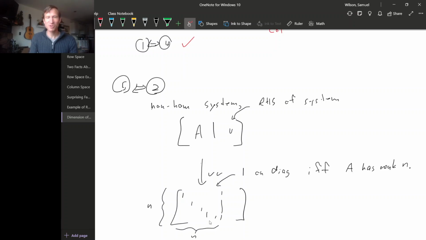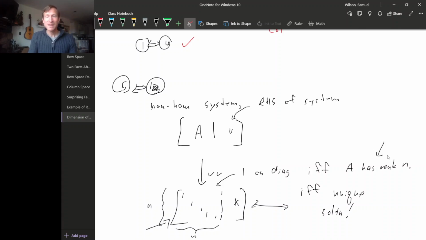Since there are the same number of rows and columns, the only way to have rank n is to have a pivot in every column. So we're showing that this is equivalent to 1. And then we get something over here. But you get this for your augmented matrix if and only if you have a unique solution. So we're done. You have a unique solution if and only if your augmented matrix always reduces to something like this. But this happens if and only if your matrix has rank n.